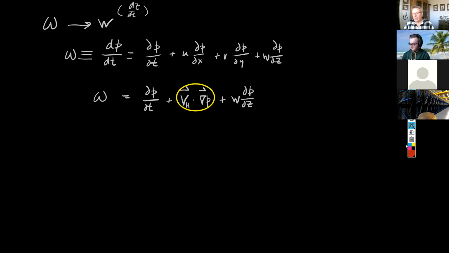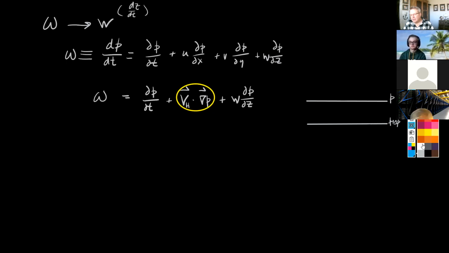Let's look at this situation. Here are two isobars, pressure and pressure plus delta P. What if I said this is the actual wind?